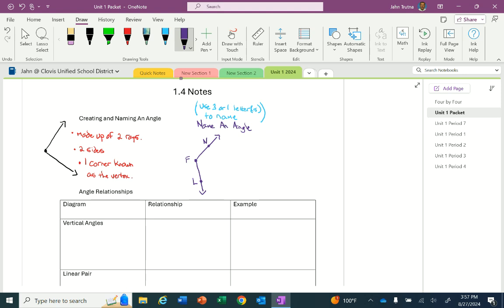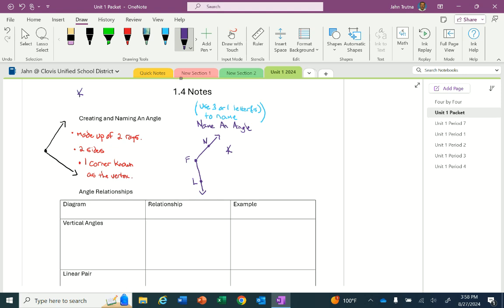Okay, and the way that you would name this particular angle is this. If you're going to only use one letter, you always use the letter that's at the corner of the angle, that's at the vertex of the angle, which would be F. So the way that you would name this is you would put this little symbol right here. That symbol that I just drew is the symbol for the word angle. So I'm going to put it up here.